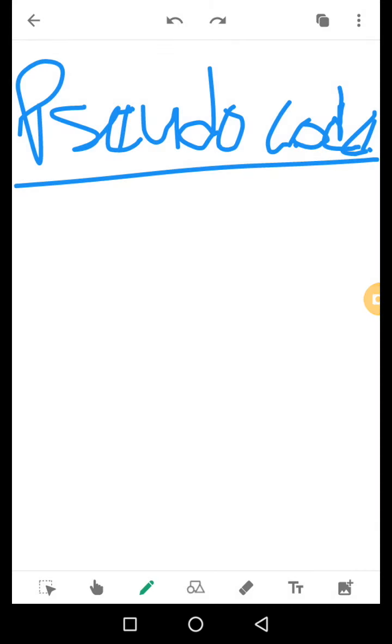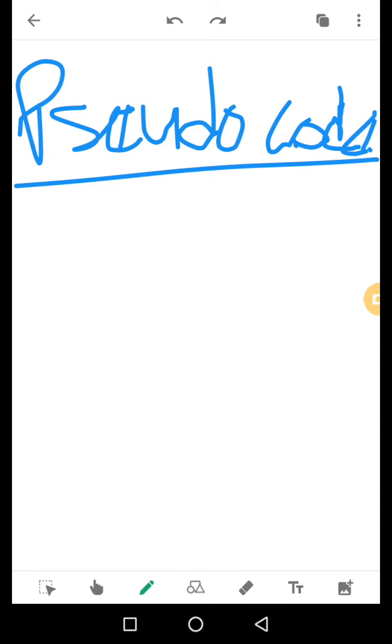So here is the pseudocode description now. Line 1, get price of item. Line 2, get VAT rate. Line 3, VAT equals price of item times VAT rate.